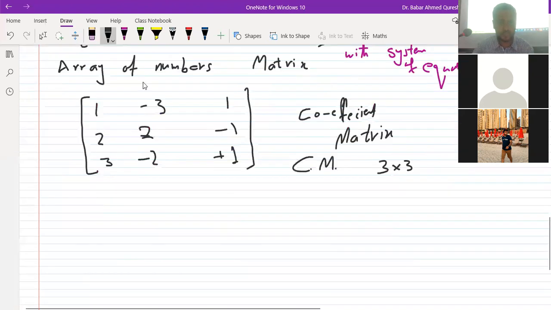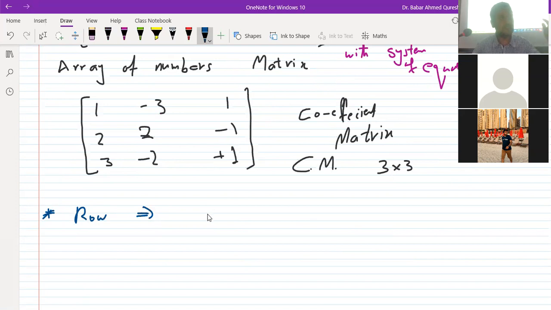And let me just state these two facts over here. Note them down again, that each row of the augmented matrix is giving you one equation in this system. And what does each column give?